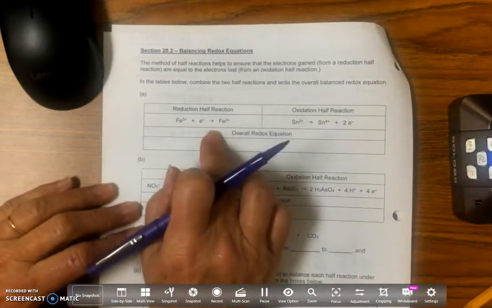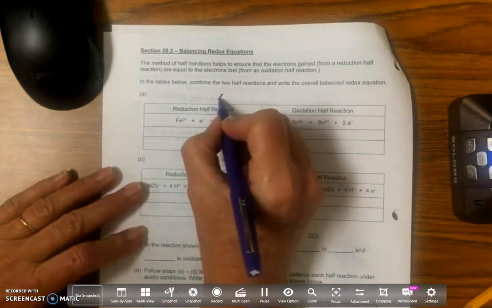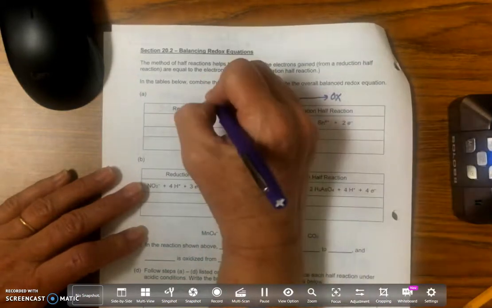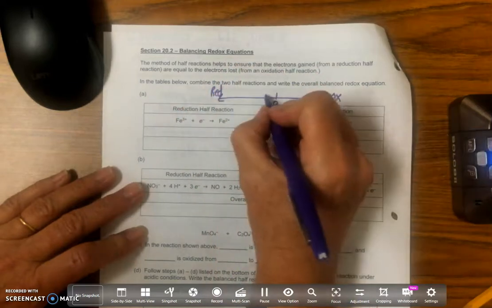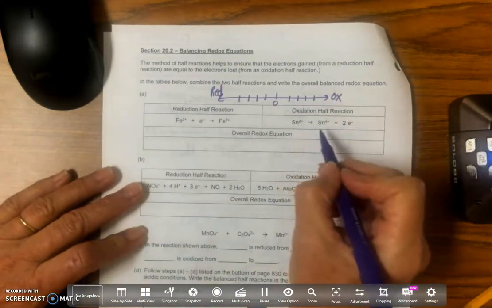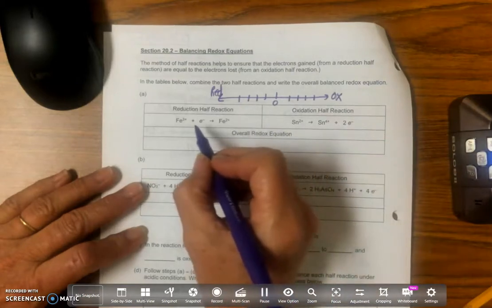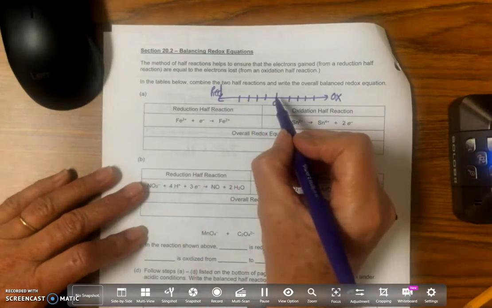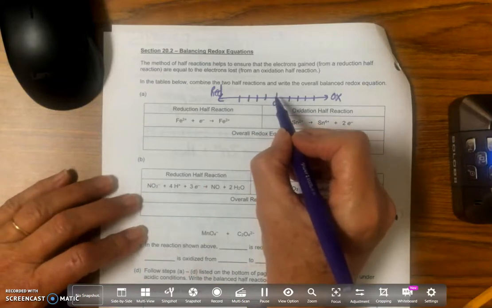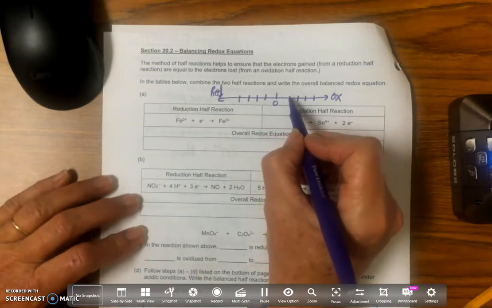So this is the reduction portion. Remember that you could use the number line if you want to. Oxidation is here, reduction is here. The number line can work well because, for instance, it's easy if I go from 0 to -1, that's reduction, or 0 to +1, that's oxidation.